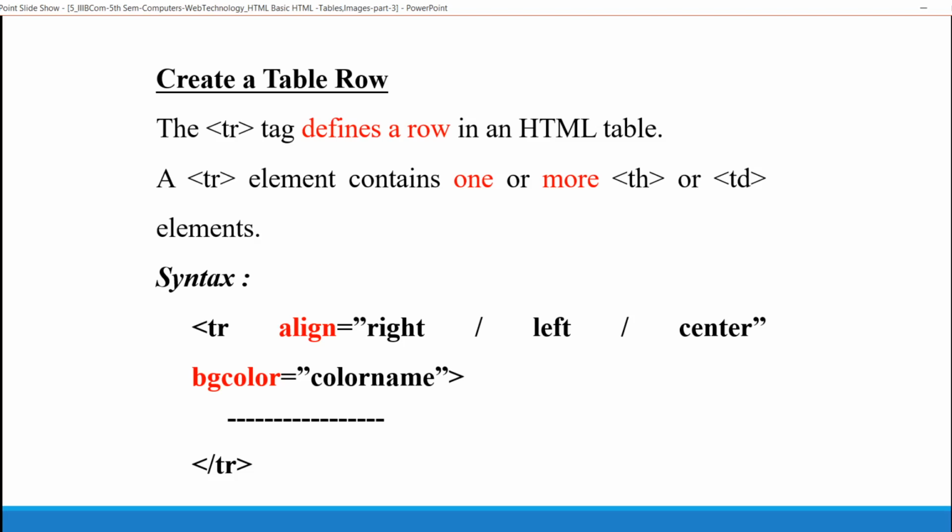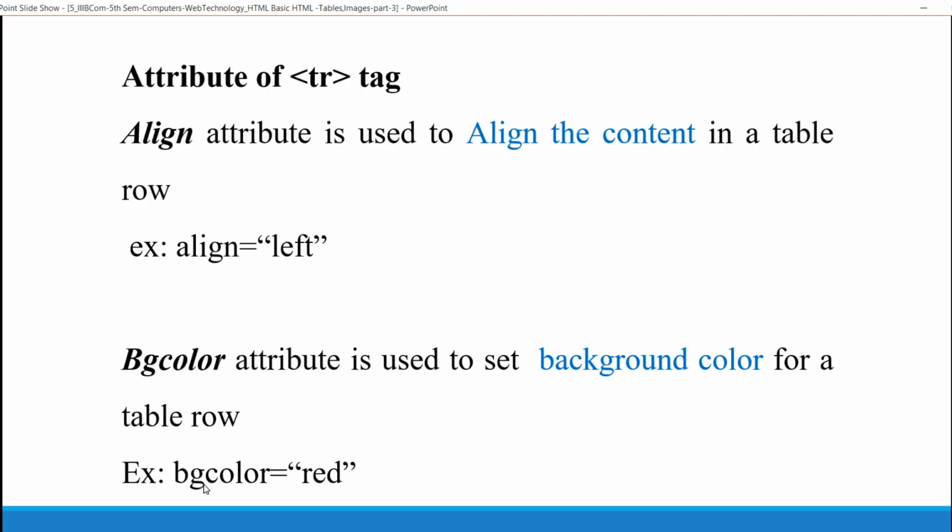See the syntax. tr, align, background color. In this tr tag, we can write the th tag or the td tag. Close the tr tag. The attribute used in the tr tag is the align attribute.